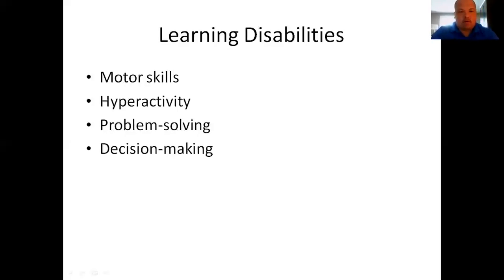There are a few learning disabilities linked to spina bifida: motor skills, hyperactivity, problem solving, decision making. Although these are some things listed, there are plenty of children with spina bifida that do not have learning disabilities, and they are fully functioning other than having the paralysis and other physical limitations.